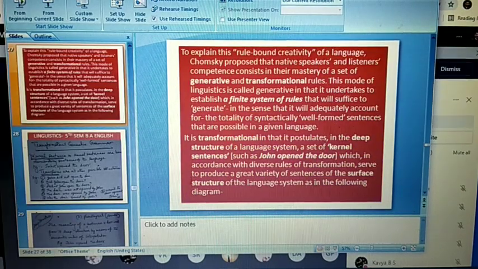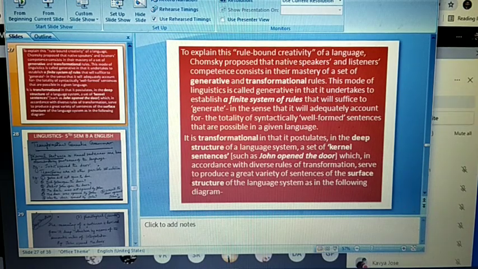To explain this rule-bound creativity of a language, Chomsky proposed that native speakers' and listeners' competence consists in their mastery of a set of generative and transformational rules. John loves Mary. Mary is loved by John. Does John love Mary? John doesn't love Mary. Look at that. This is generation and transformation.